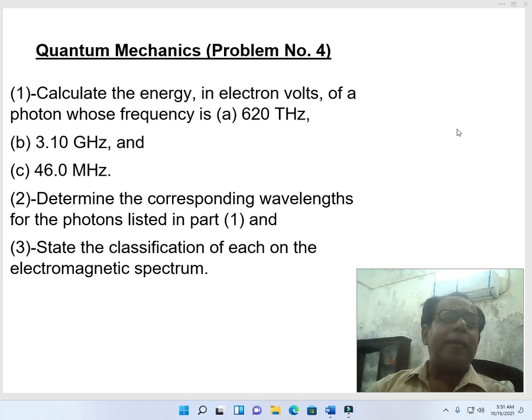Giga stands for 10 raised to the power 9, tera stands for 10 raised to the power 12, and million or mega stands for 10 raised to the power 6. Moreover, unit of hertz is per second, second inverse.